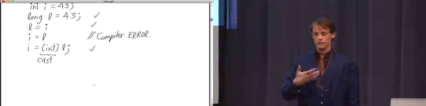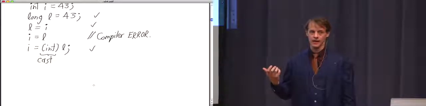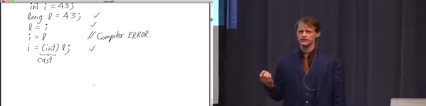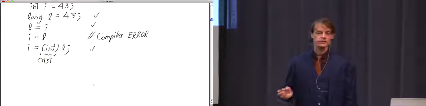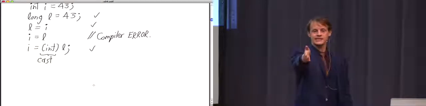If you want to store a double into an int, then I believe, again, you have to use a cast, yes. You have to cast it back to int or back to long, because there are doubles that don't fit in a long.